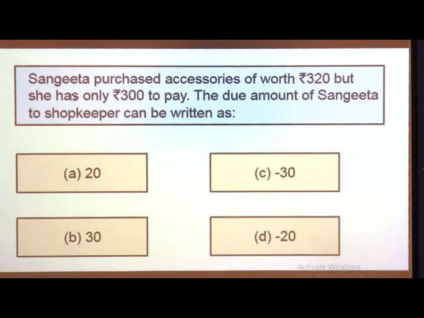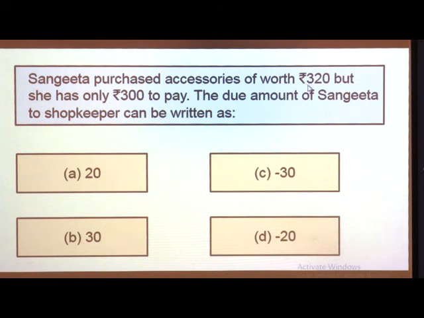Now you can see here, Sangeeta purchased accessories worth rupees 320, but she has only 300 to pay. The due amount of Sangeeta to the shopkeeper can be written as follows. She has only 300 to pay, but the amount she purchased was 320.